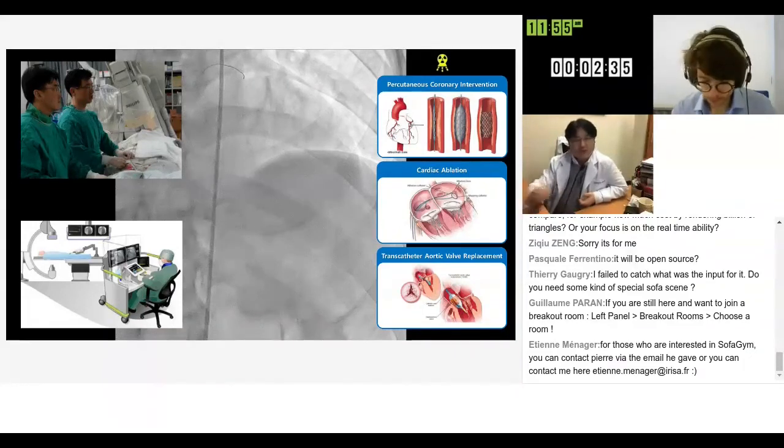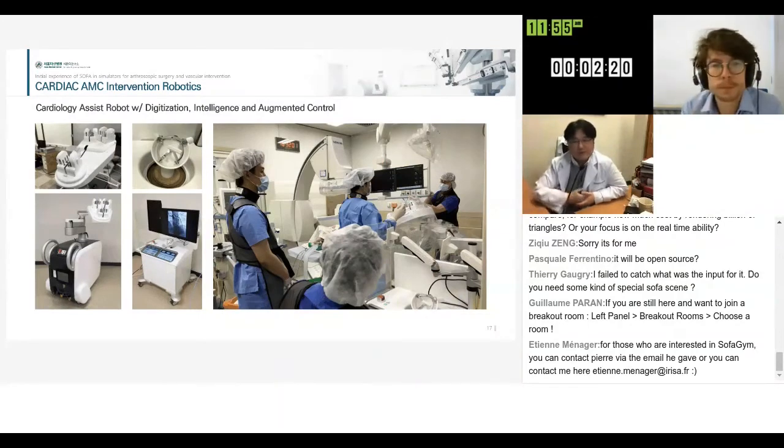We have been developing an assist robot system for this cardiology intervention procedure to make it more efficient and precise. Now the development stage has reached this clinical prototype.